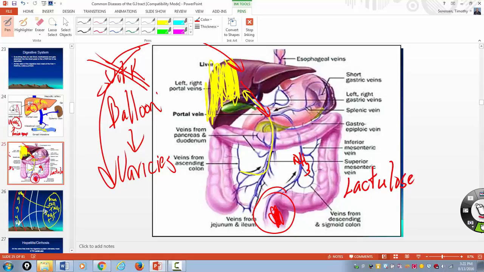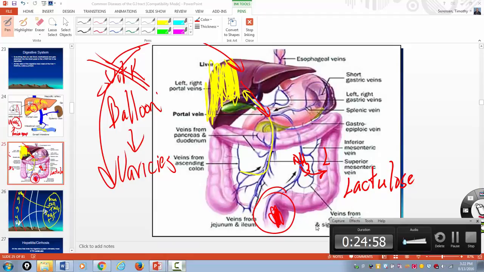They'll give it to them orally, and because the lactulose is in the large intestines, it will osmotically draw out the ammonia from the blood, and then the person will crap it out.